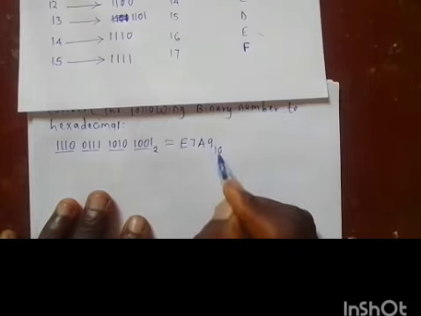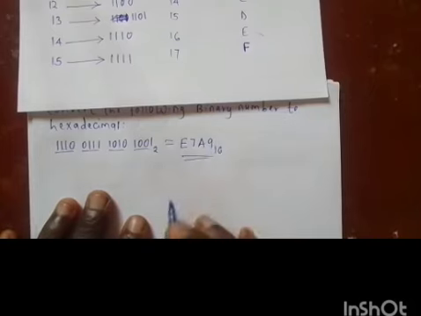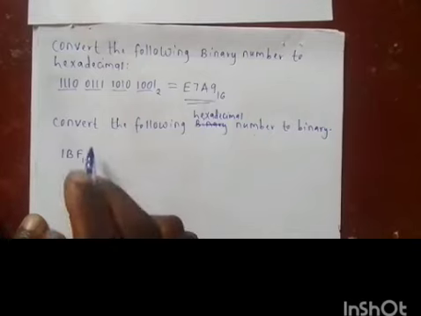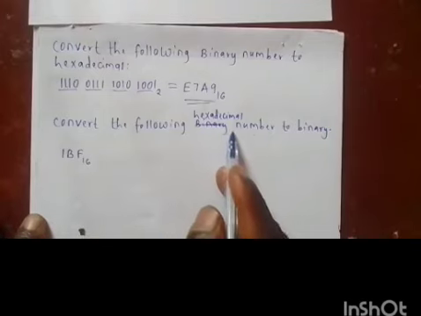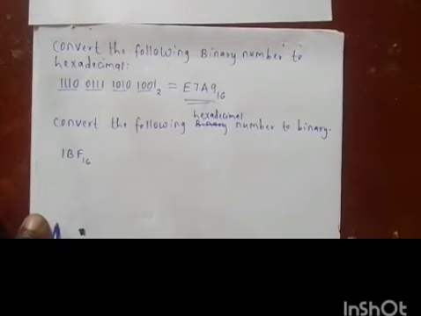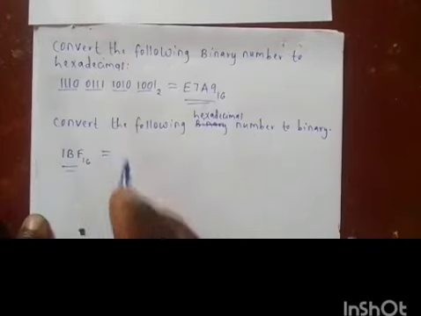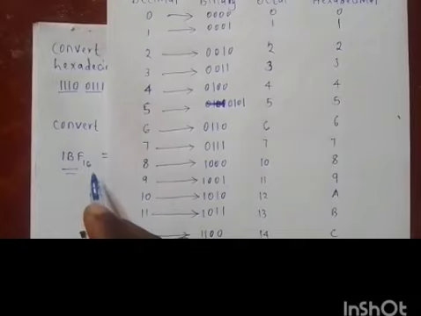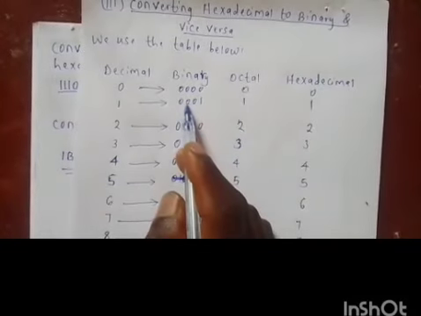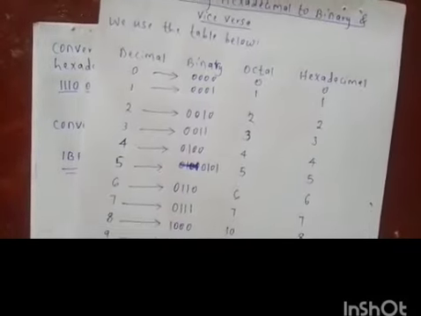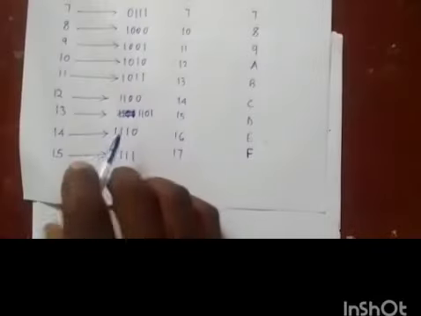So in the other case, you may need to convert a hexadecimal number to binary. So here is the number. So this one becomes, you take 1, which is represented as 0001. Then B is represented as 1011.